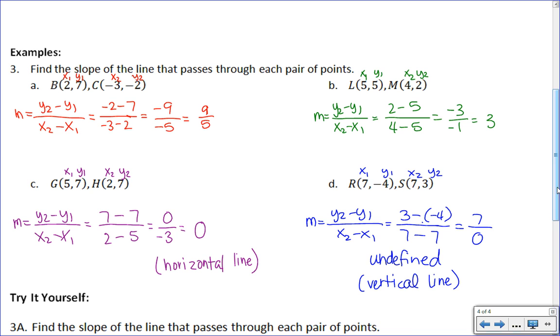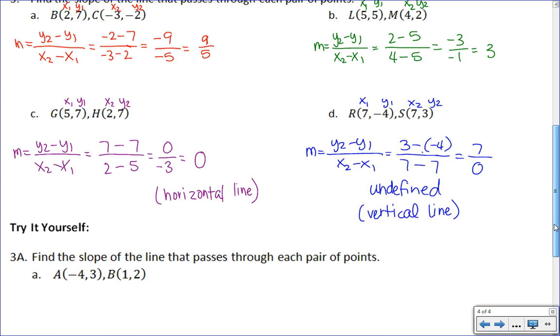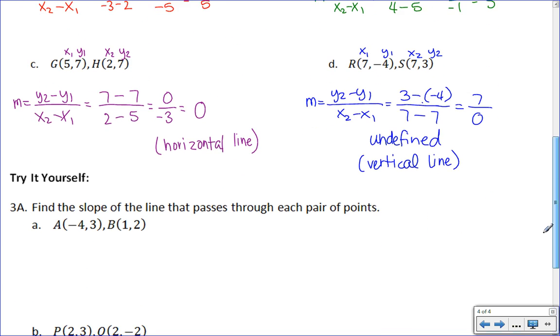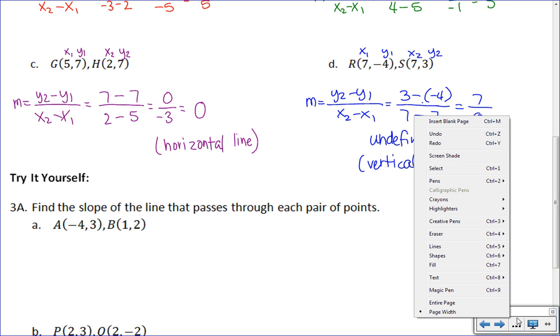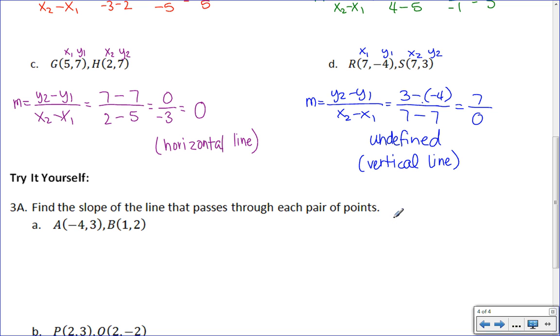Okay, there are 3 problems on this page for you to try yourself, so go ahead and pause the video, work through all 3 of those, and when you're ready to check your answers, hit play to compare. Okay, for the first one, the slope you should have gotten should be negative 1/5.